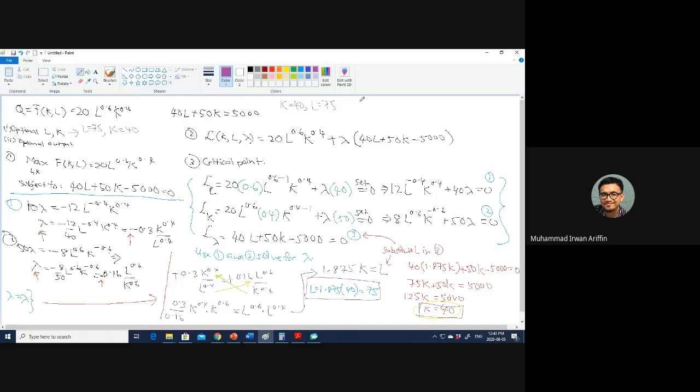And how to find the production? We simply substitute K equals 40, L equals 75 back into the original production function. So this is 20 times L, which is 75 to the power of 0.6, multiplied with K, which is 40 to the power of 0.4.